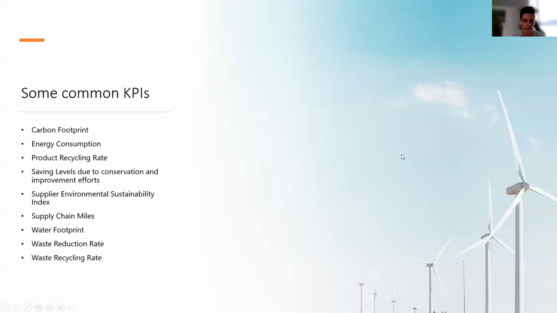So, some common key performance indicators. I think I also talked about this before the holidays, and we have been talking about this throughout the whole course, but just as a reminder, we have the footprint in carbon. We also have one for water, so it's important. Energy consumption.